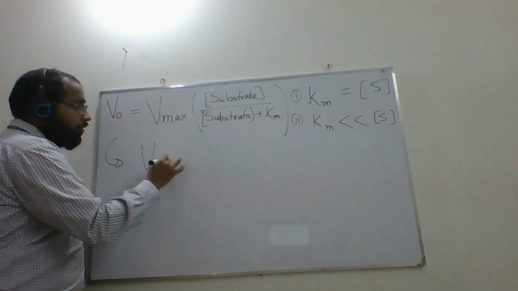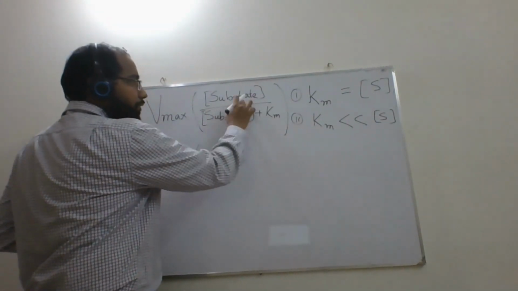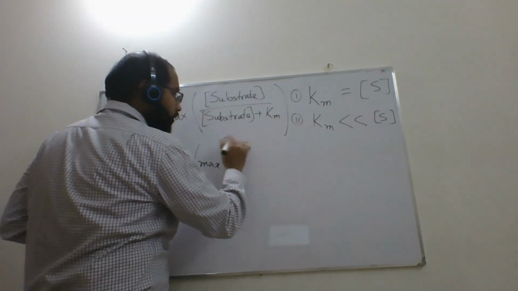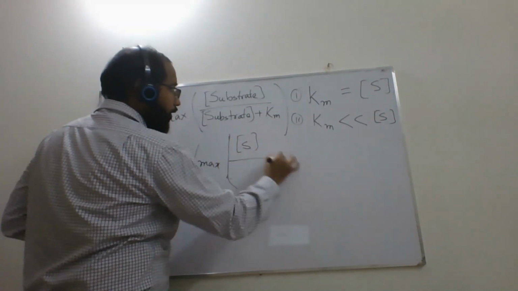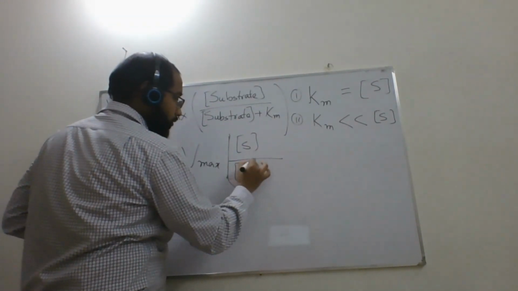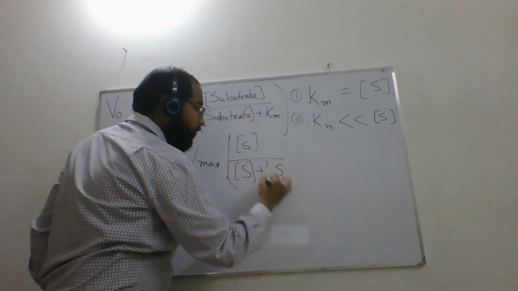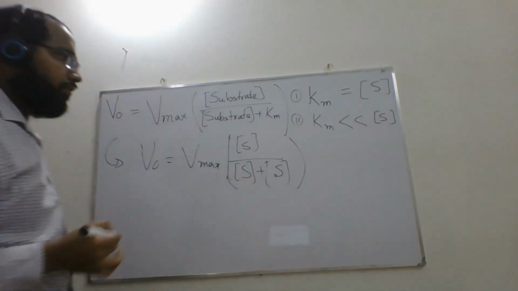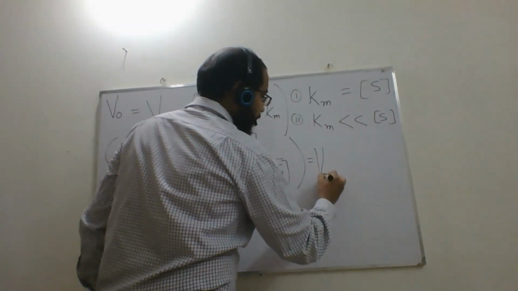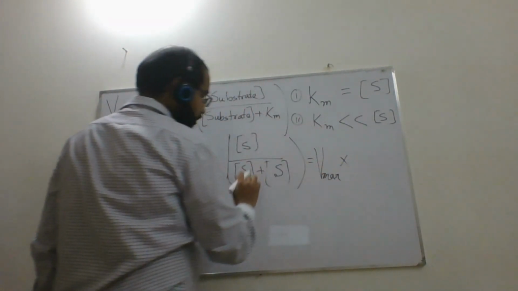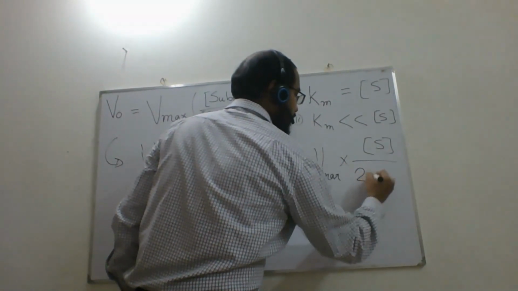V0 equals Vmax into substrate concentration, I am writing only S, and since Km equals S, I can write S here. So I can write Vmax into S divided by S plus S, 2S.